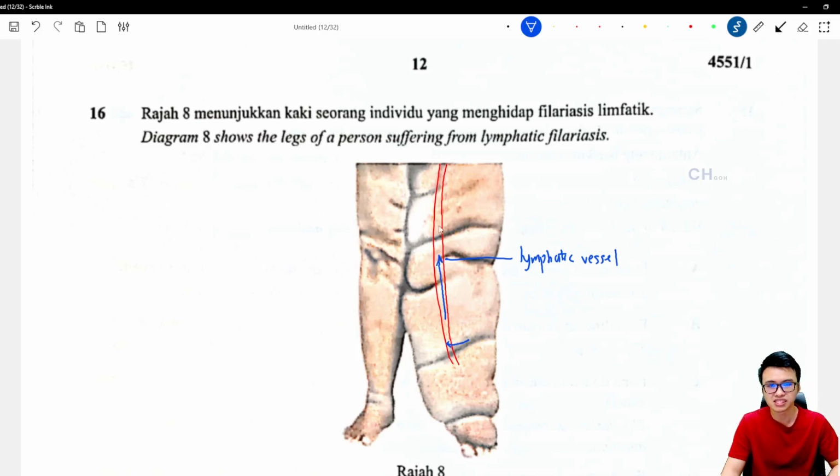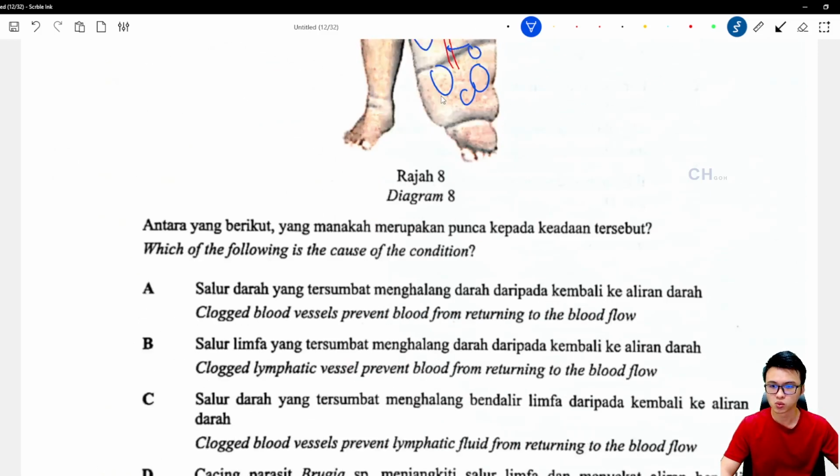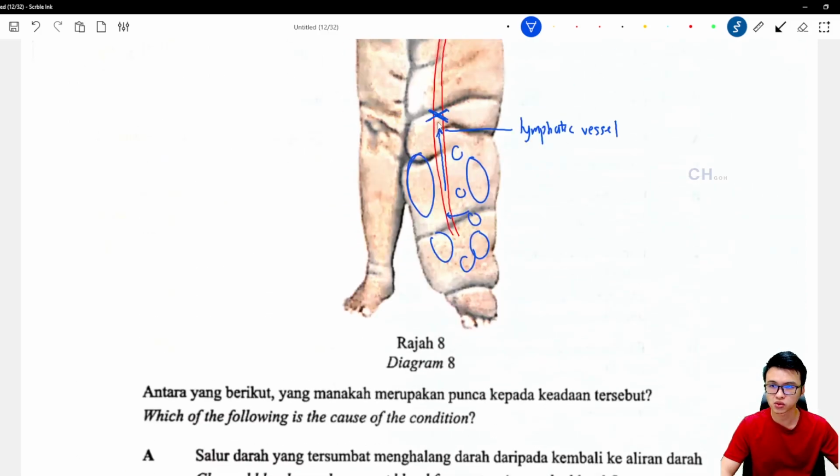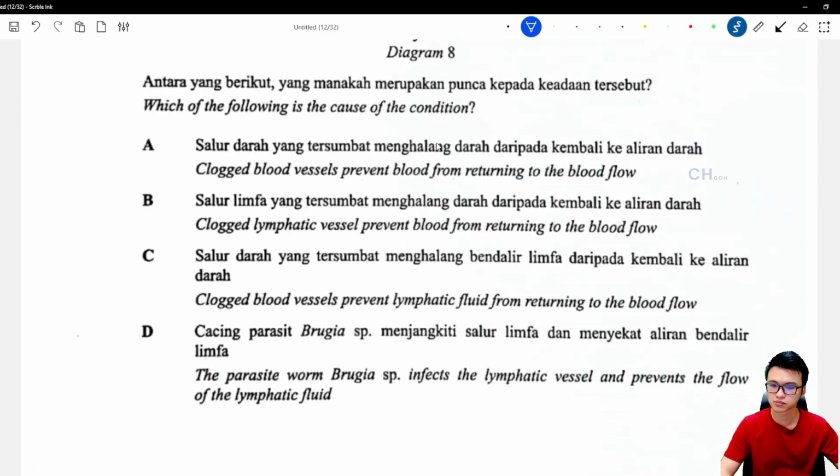So let's say this vessel is blocked, then the fluid cannot flow back to the blood circulatory system anymore. So eventually, the liquid will accumulate here, in between the tissue. When a lot of water starts to accumulate here, these people will face this kind of problem, edema.